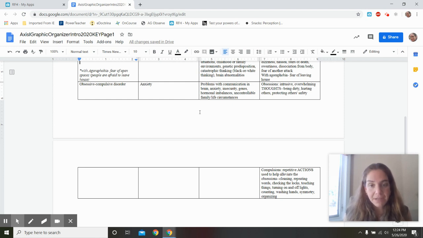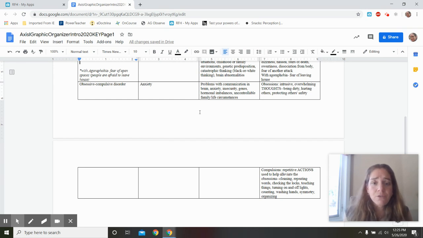OCD is going to have a genetic component again. Sometimes there will be some brain communication difficulties, some neural pathways are crossed, or we look at certain parts of the brain that are overactive or overstimulated. We can see someone with OCD has various parts of the brain that have tremendous amounts of brain activity, and we want to kind of shut that down.